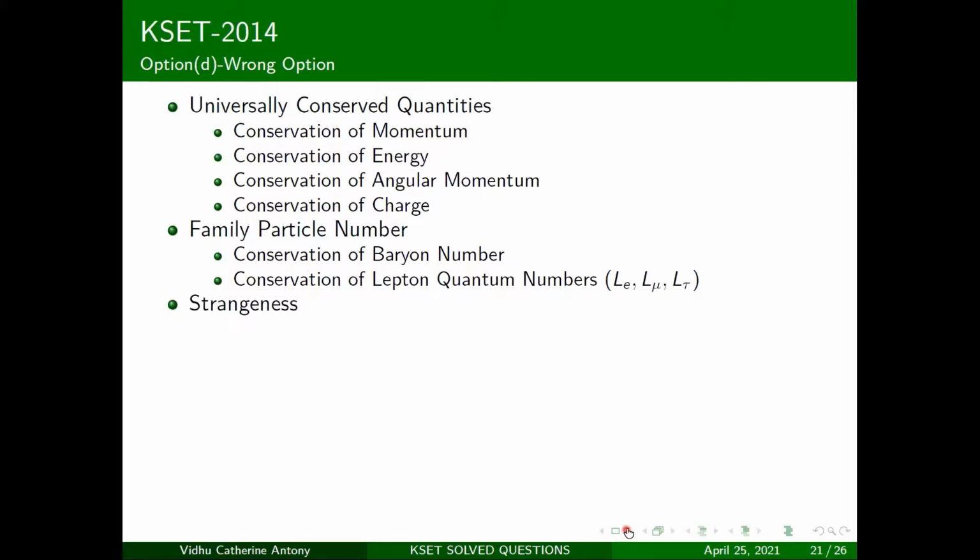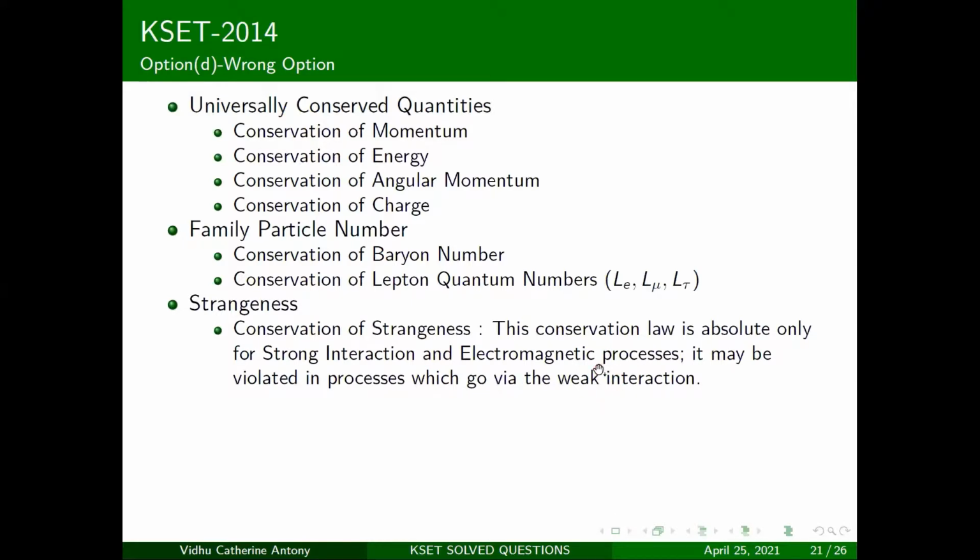And strangeness. Strangeness is basically coming from the fact that some particular hadrons, which are strongly interacting particles, do not undergo decay via strong interactions.